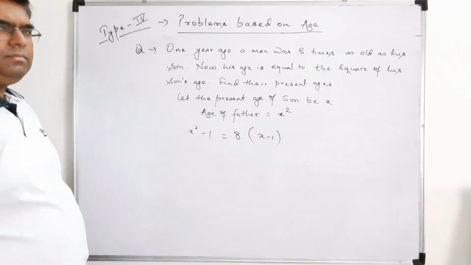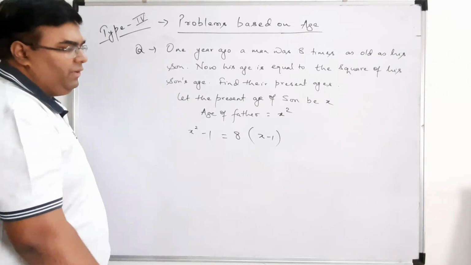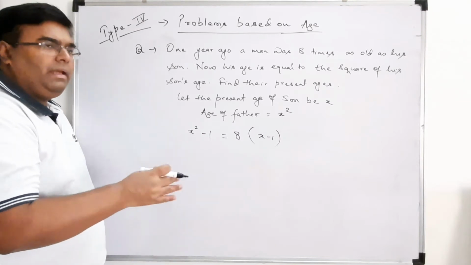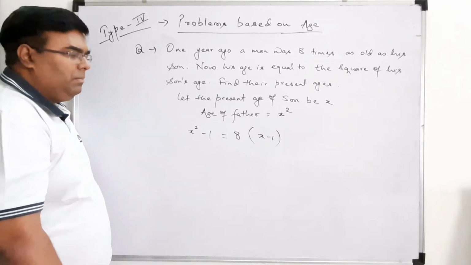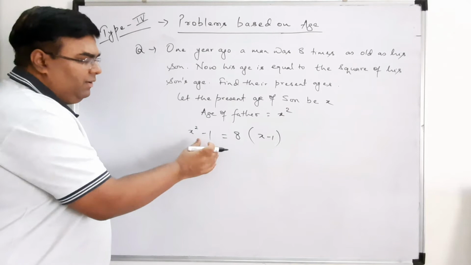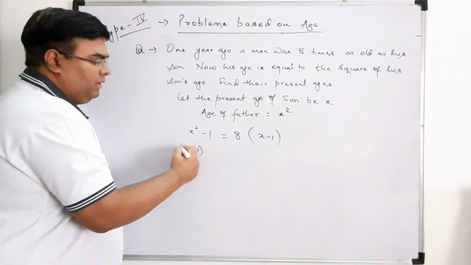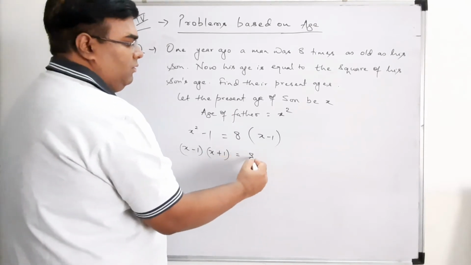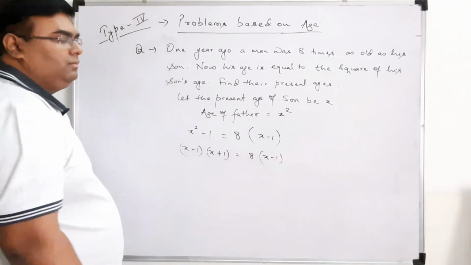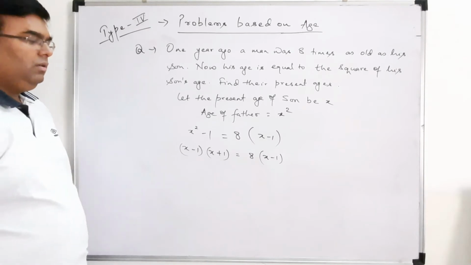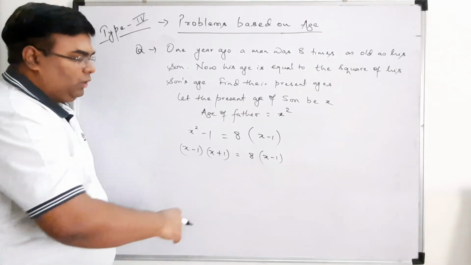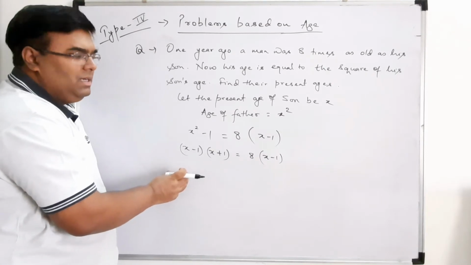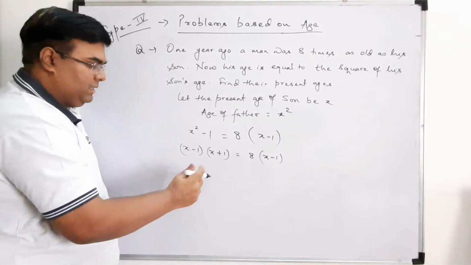Simple. So what we can do here, this is a quadratic equation. If you want, you can solve it by expanding everything, but another way is to factorize it here only: x minus 1 and x plus 1, correct? Now here you can cancel it, but the only condition is it should not be 0. So we have two cases here.